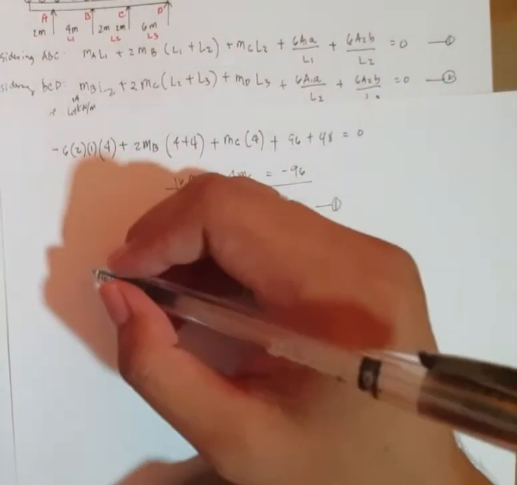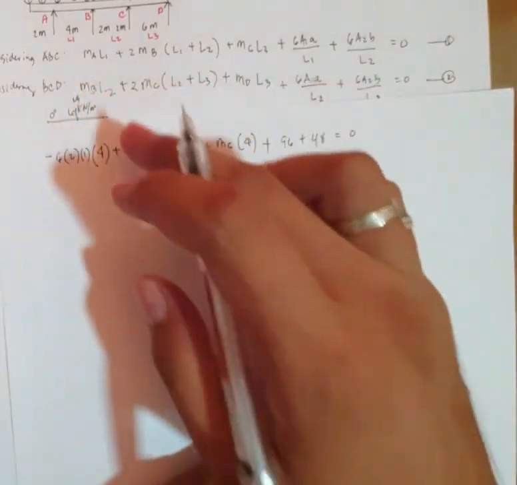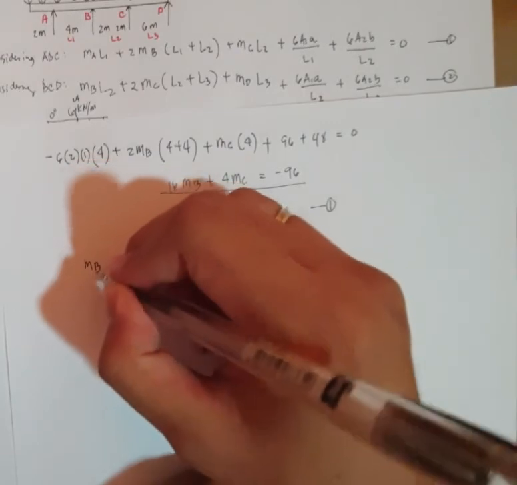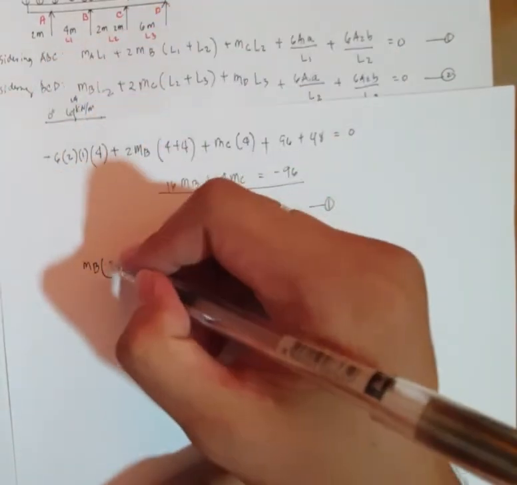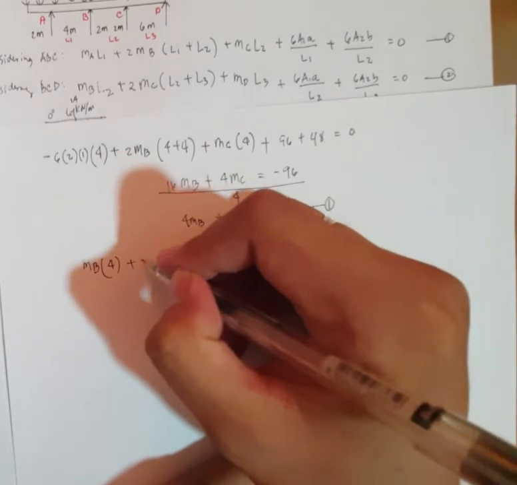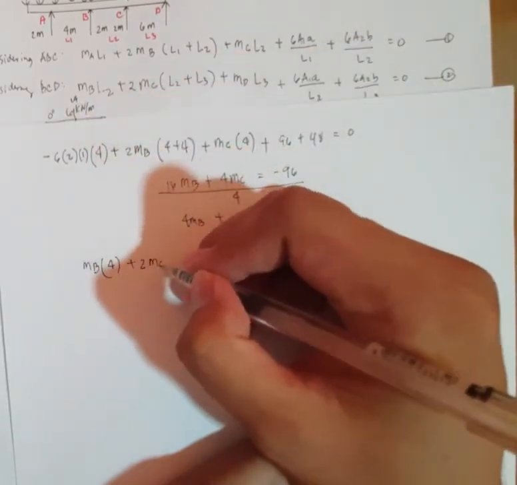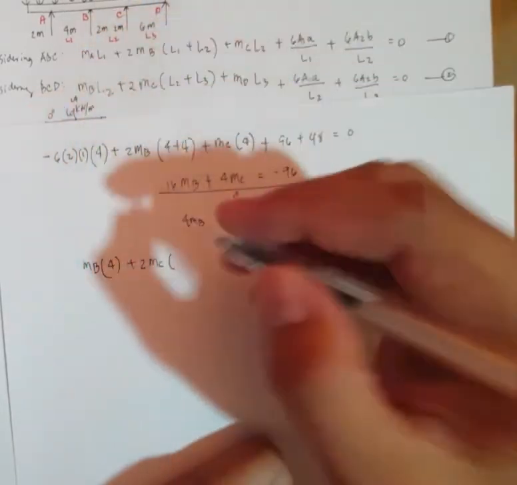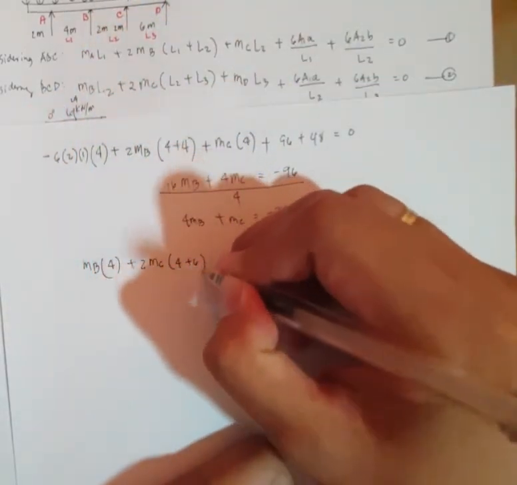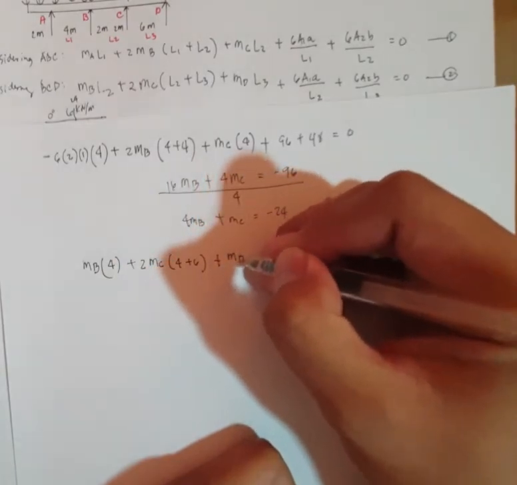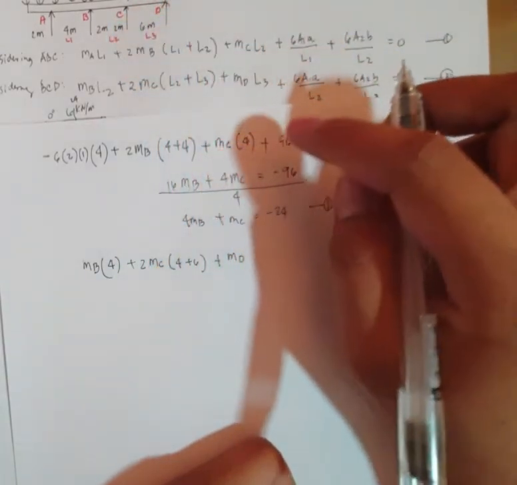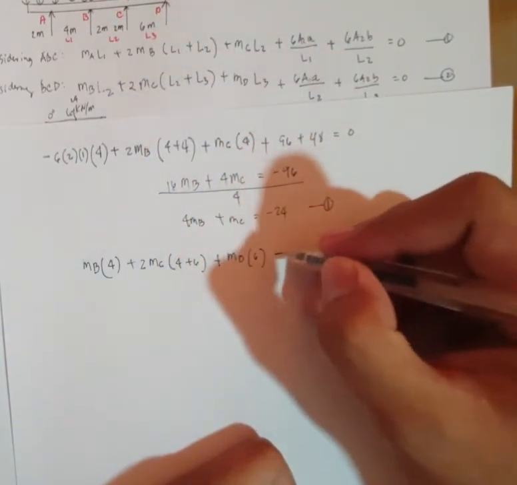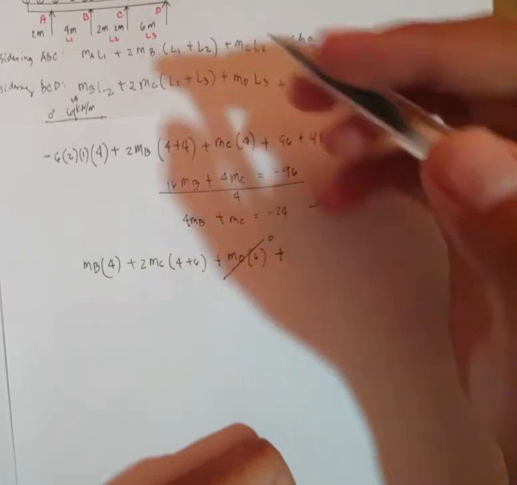The next is MBL2, unknown gihapon, no? MBL2 is 4 meters plus 2MC, still unknown. L2 plus L3, that is 4 plus 6 plus MD, moment that D multiplied by L3, which is 6 meter, plus, so kanay cancel to 0.